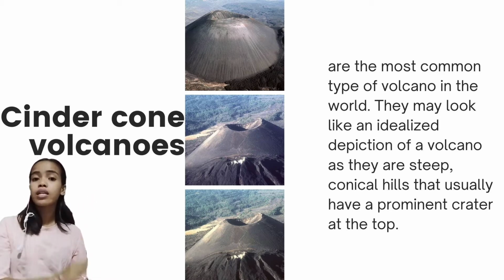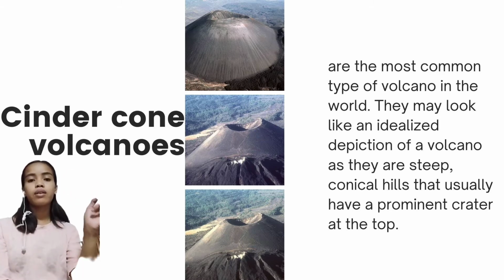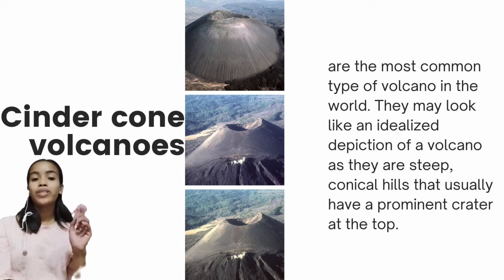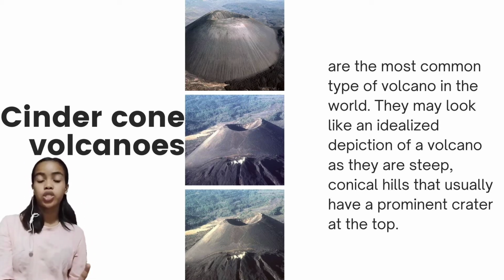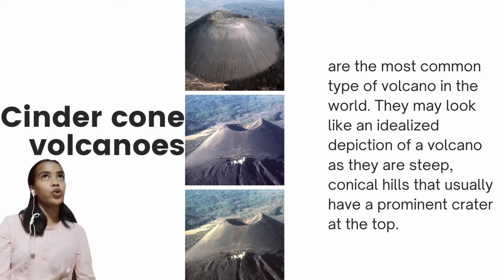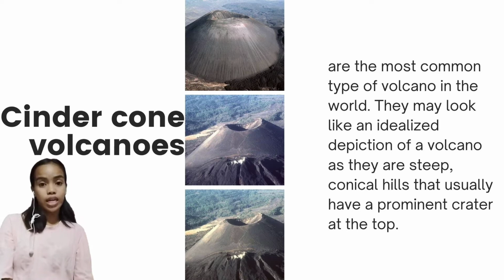If an eruption happens and leaves a very small crater, like a bowl, that is what we call a cinder cone volcano. As you can see in the picture, it is very simple, just because of the eruption. So that's what we call cinder cone volcanoes.